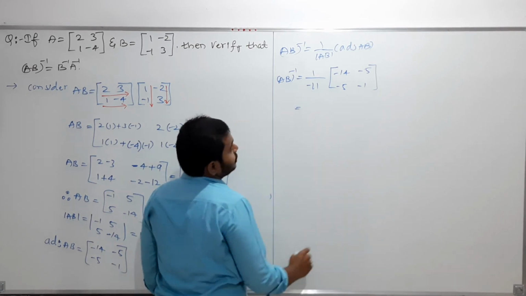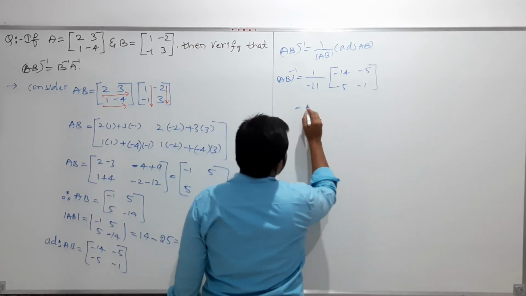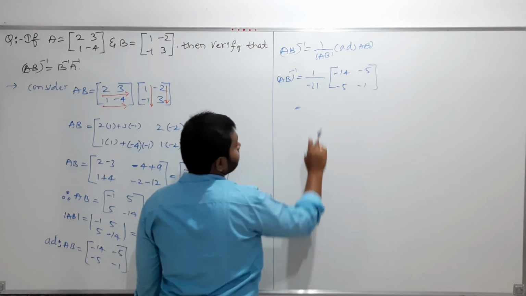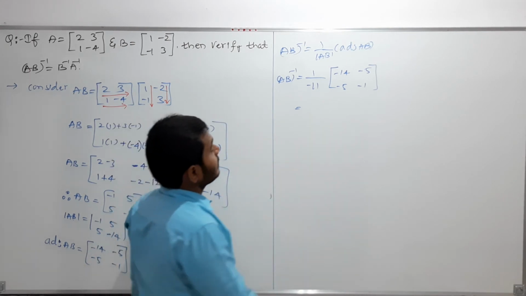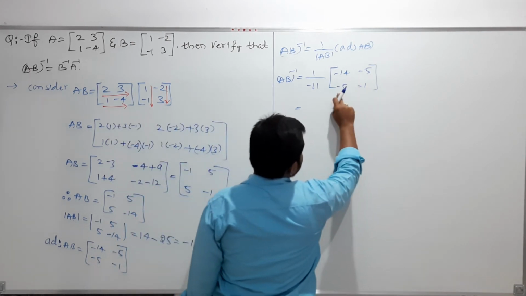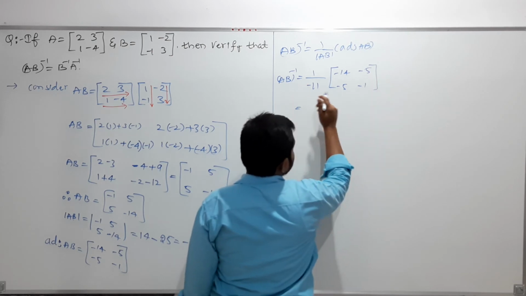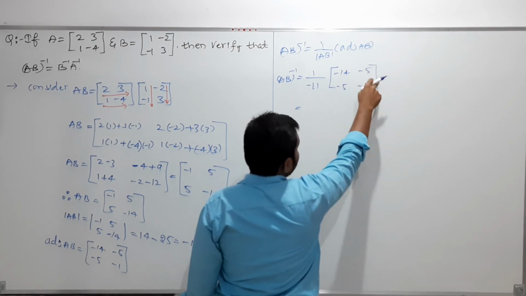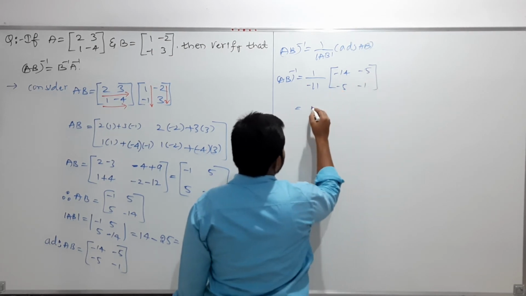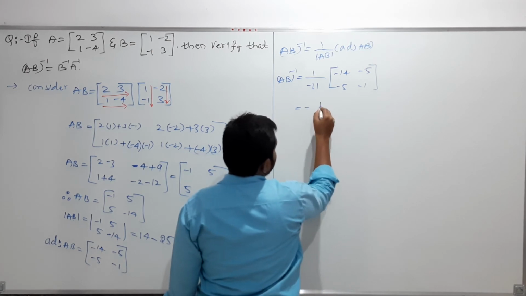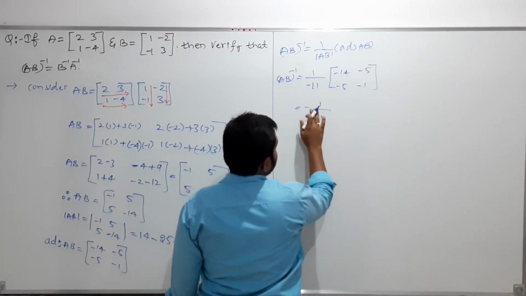Clear? So now my friends, every element here is negative. So take the minus sign outside. It means from every element you can take minus outside. So minus 1 divided by minus 11 here.